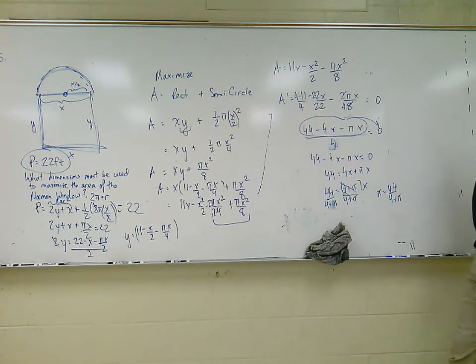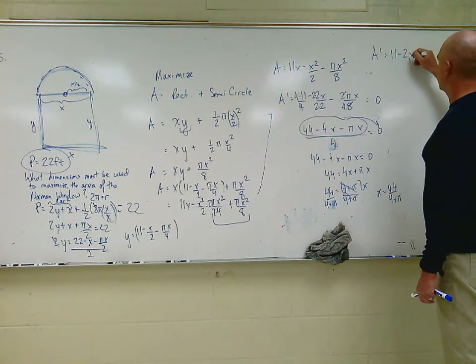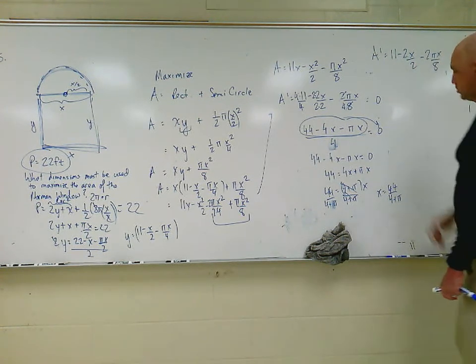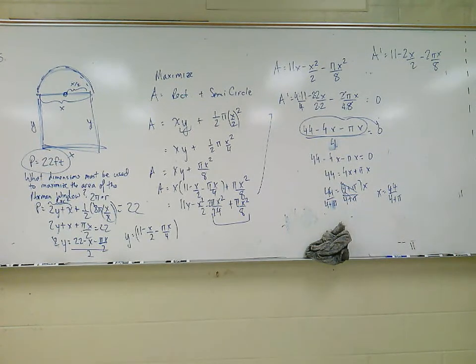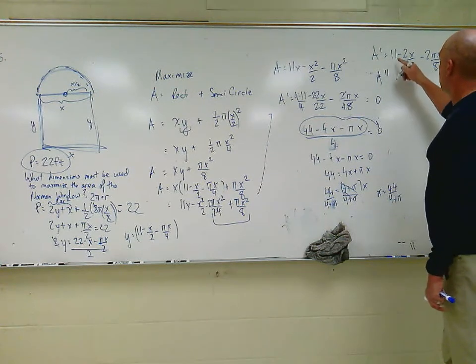Now, you're going to say, well, how do we know that, let me go back to my A prime. A prime was 11 minus 2x over 2 minus 2 pi x over 8. So how do we know that this gives a maximum? I'm going to use the second derivative test from 3.4. So I'm going to find my second derivative, which I would get, 11's gone.